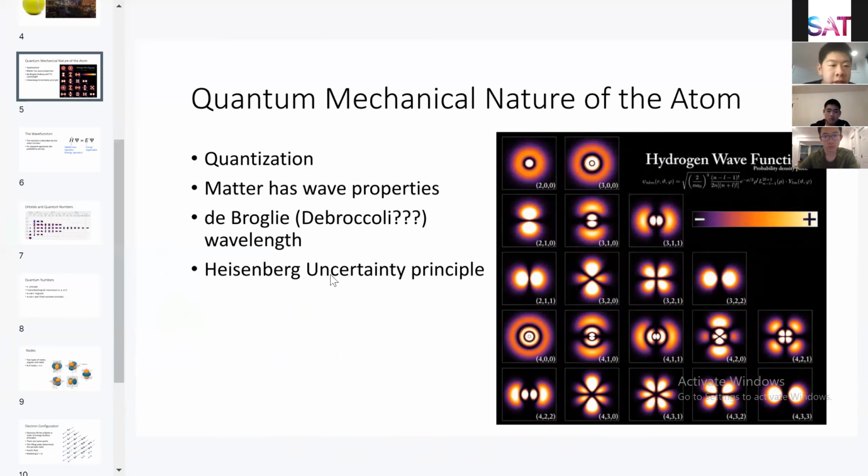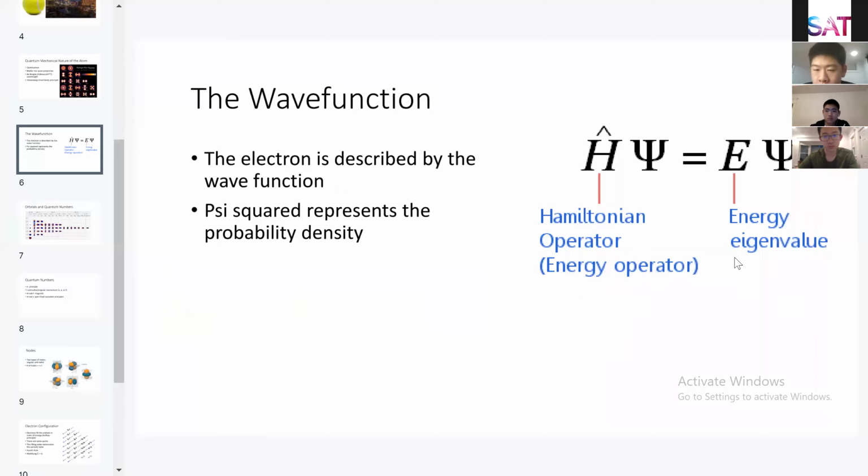Let's move on to the next slide. There's one idea I want to talk about, the idea of the wave function. Basically, the wave function describes where you are likely to find an electron. By the way, it's the Greek letter psi.